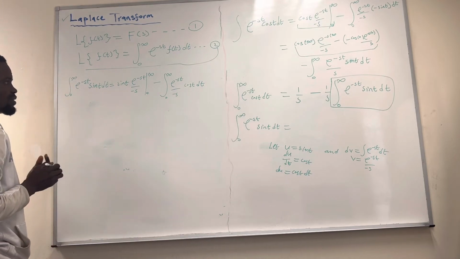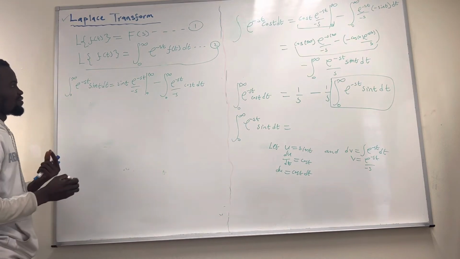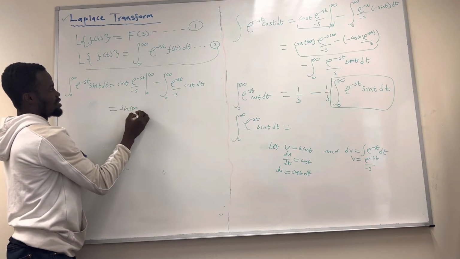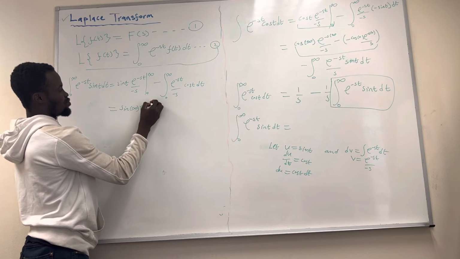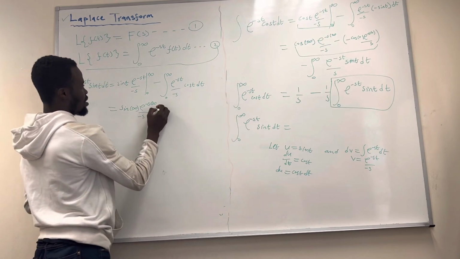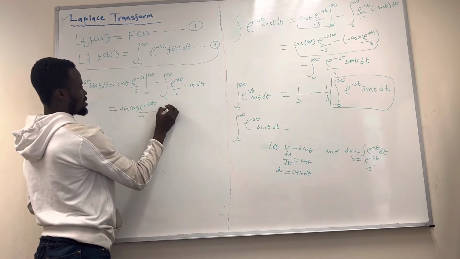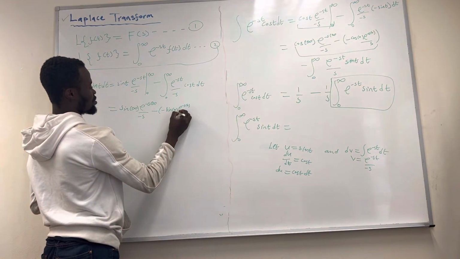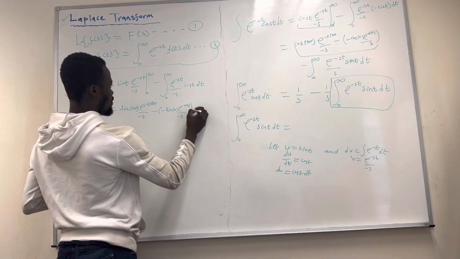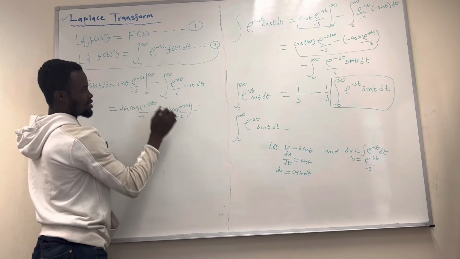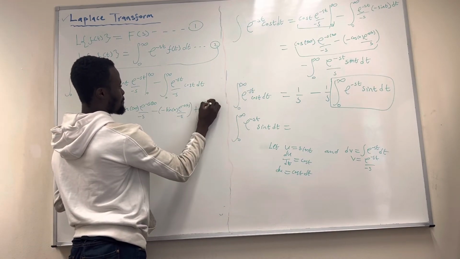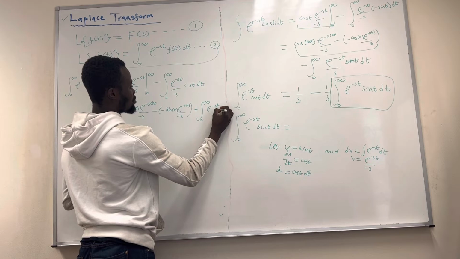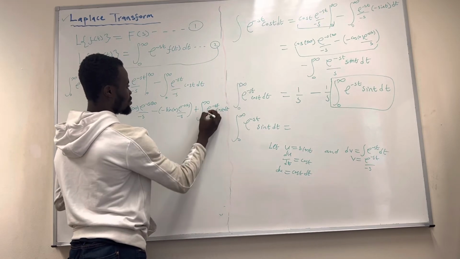So if you put in infinity, sine infinity times e to the negative infinity divided by s, minus sine 0 times e to the 0 divided by s, then minus, so minus, so that one becomes positive, then the integral of e to the negative st cos t dt, all divided by s.